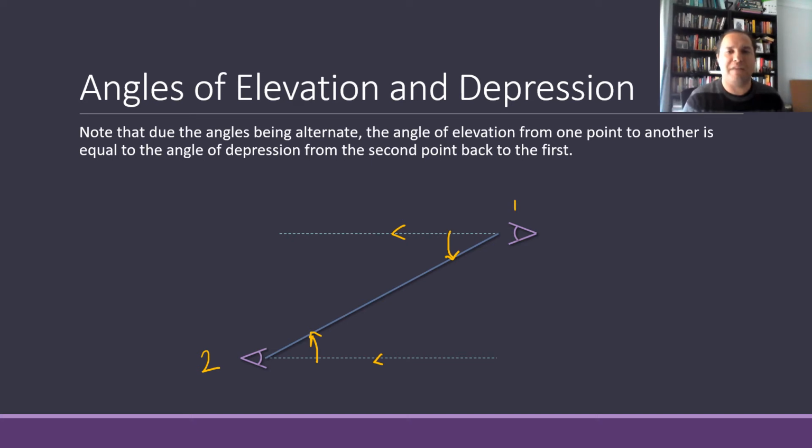So the angle of depression from the first person to the second is going to be equal to the angle of elevation from the second person to the first, because of that Z rule, because those angles are alternate. And that's why it's really important that both our angles of elevation and depression are always to the horizontal.